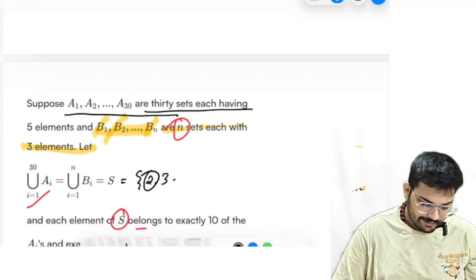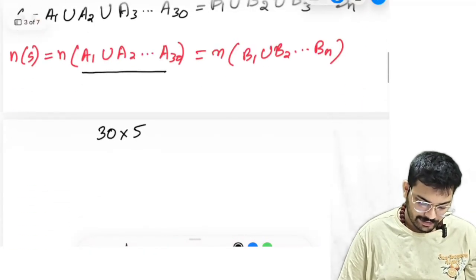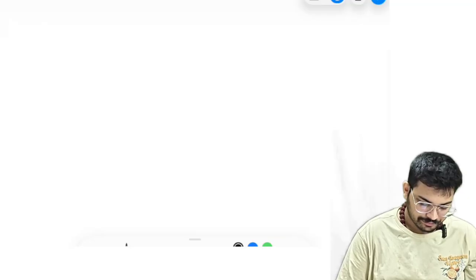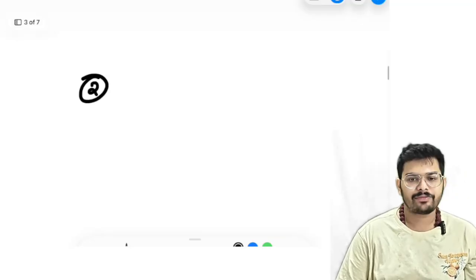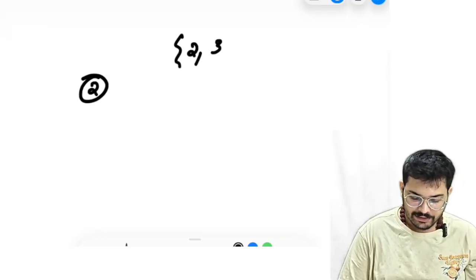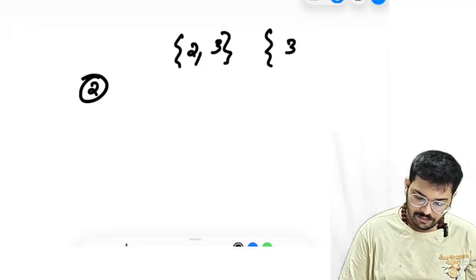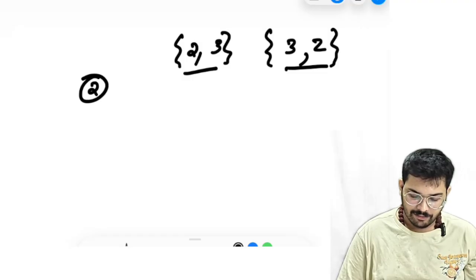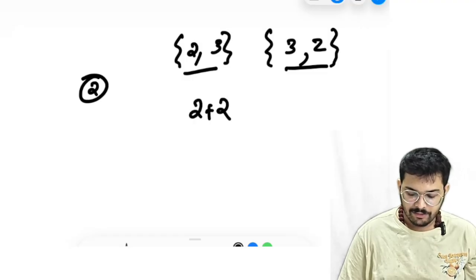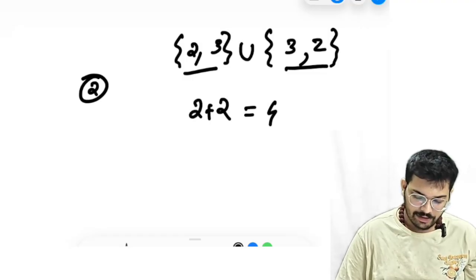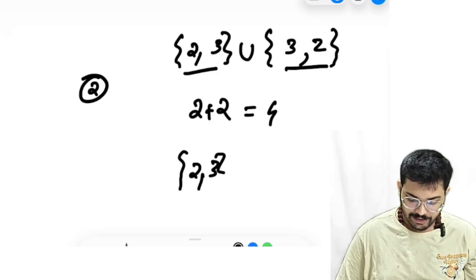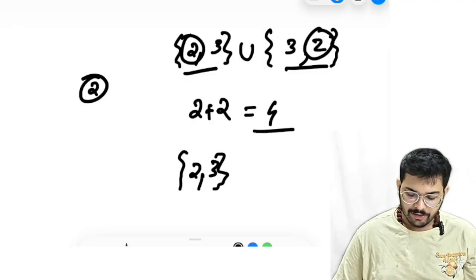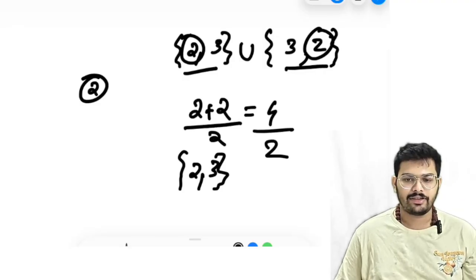There are 30 sets each having 5 elements, which means there should be 150 elements. But suppose there is a value 2, and 2 of the sets contain this value 2. Now if you add the number of elements, it should be 2 plus 2, actually 4 elements. But when you take the union, you only get 2 elements. That means each element is repeated twice, so whatever the total number you are getting, you should divide by 2 to get the actual figure.